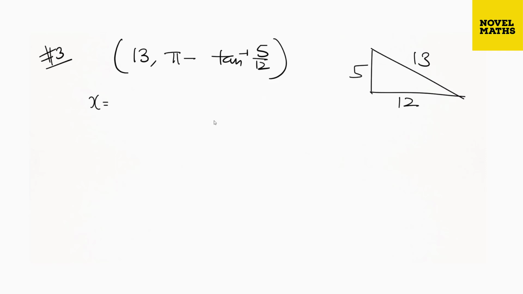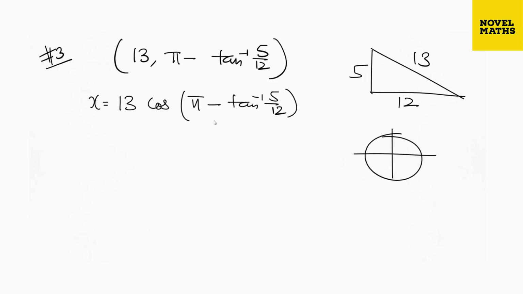X is r cos theta, 13 cos of pi minus tan inverse 5 over 12. And I always draw this, I don't remember mostly. This is theta, this is pi minus theta. So cos will change.